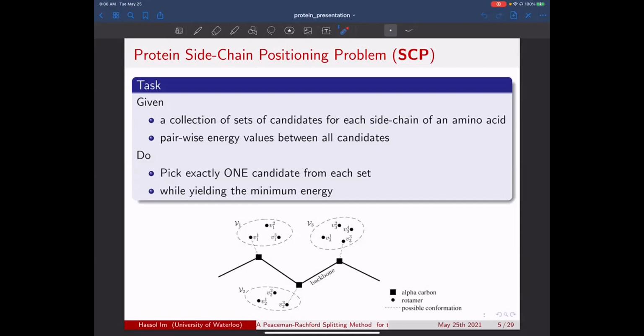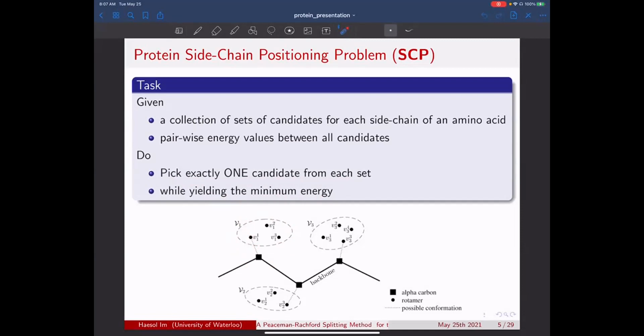Okay, and what we're going to do is pick exactly 1 candidate from each set, and we want to yield the minimum energy value. So we're given 3 candidates in this amino acid, and we're only allowed to pick one candidate from each set.